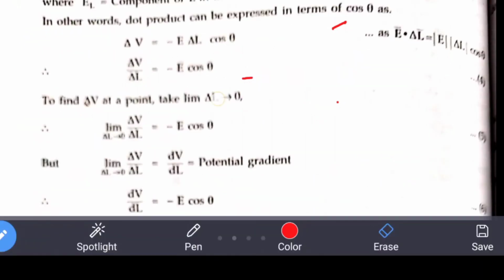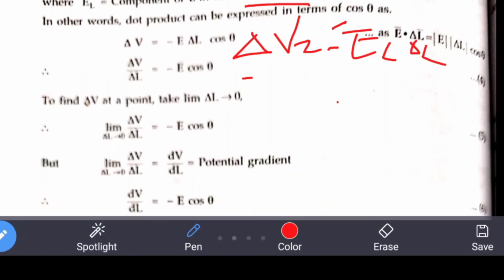Therefore delta V equals minus EL delta L, where EL is the component of E bar in the direction of delta L, that is aL. In other words, the dot product can be expressed in terms of cos theta: E dot delta L is the magnitude of E bar times the magnitude of delta L times cos theta.